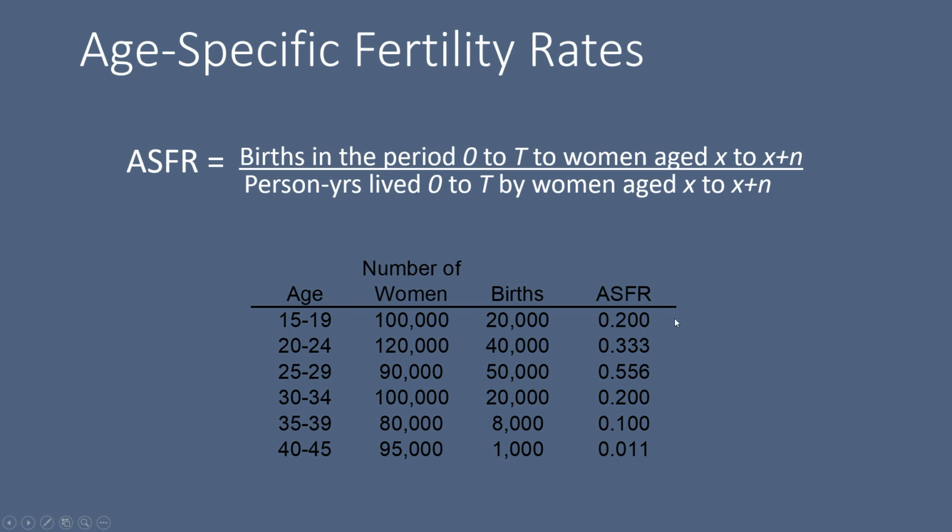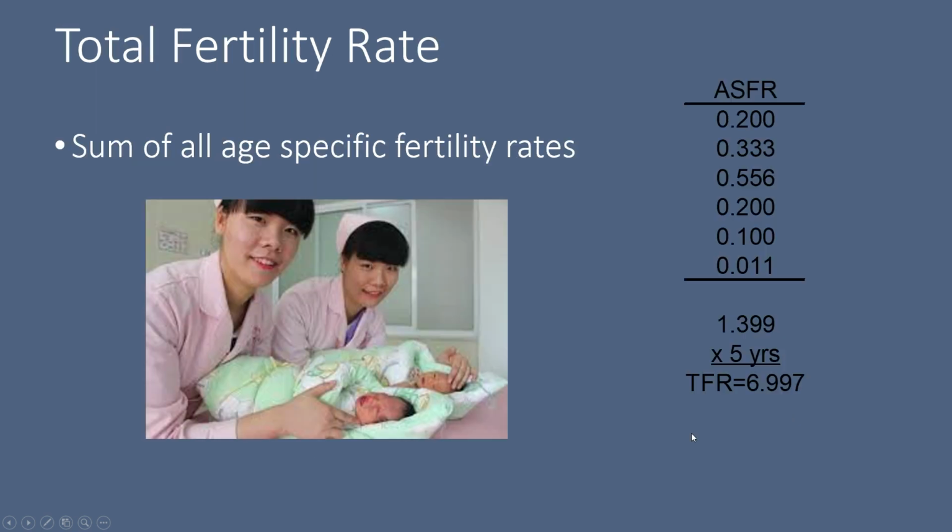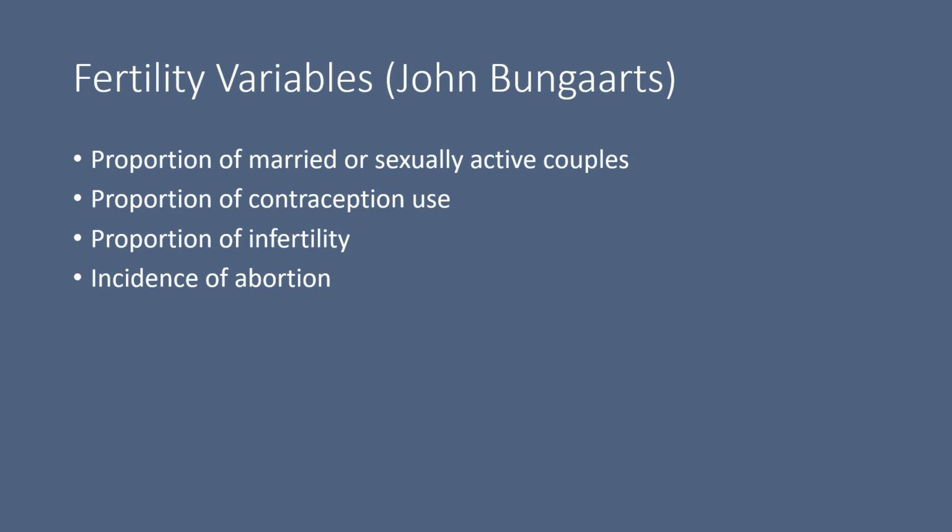So you can see it's very different depending on the age. And to get the total, you just sum up all of the age-specific ones, and this would be the equation for that. The fertility variables can be assigned for research purposes. So if you want to look deeper into this phenomenon, you can assess the population based on these categories.